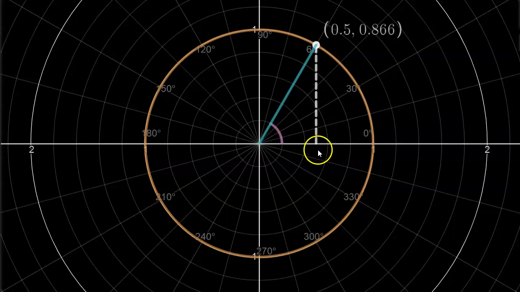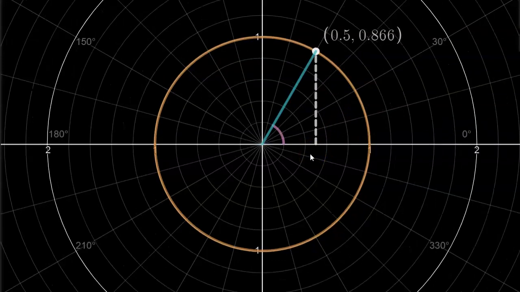Okay, so at exactly 60 degrees, the adjacent side would be 0.5, right? That would be basically the base of the triangle divided by the hypotenuse, which is 1. But of course, 0.5 divided by 1 is just 0.5. So really, the length of the base, or just the x-coordinate, is our cosine. So our cosine is technically 0.5 over 1, but because over 1 is really redundant, it just amounts to 0.5, and there it is.